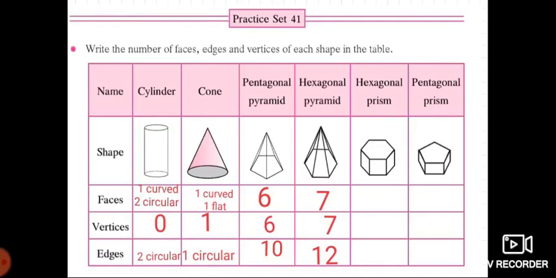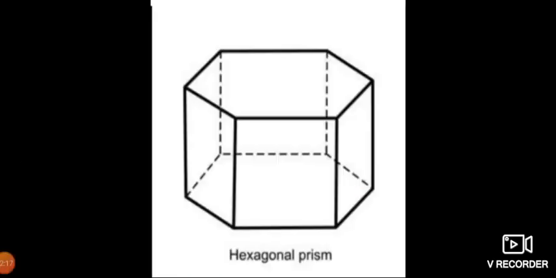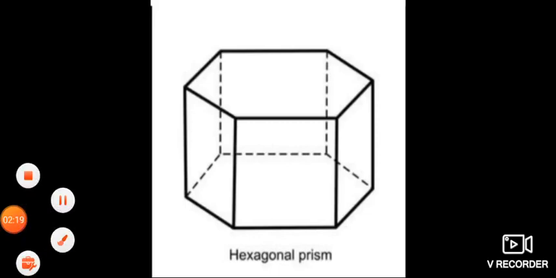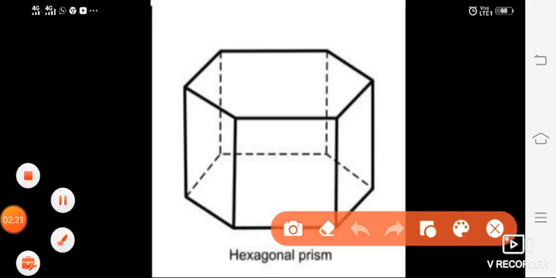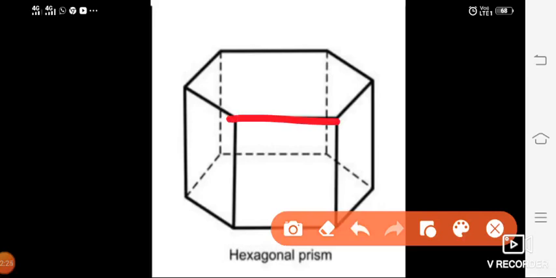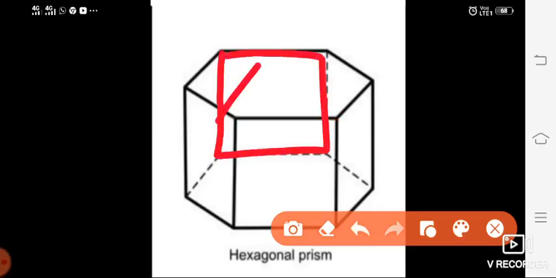Now let's move on to the next shape, that is the hexagonal prism. First we will mark the number of faces and write its number. See, first I'll show you the back one. So this is the first face.